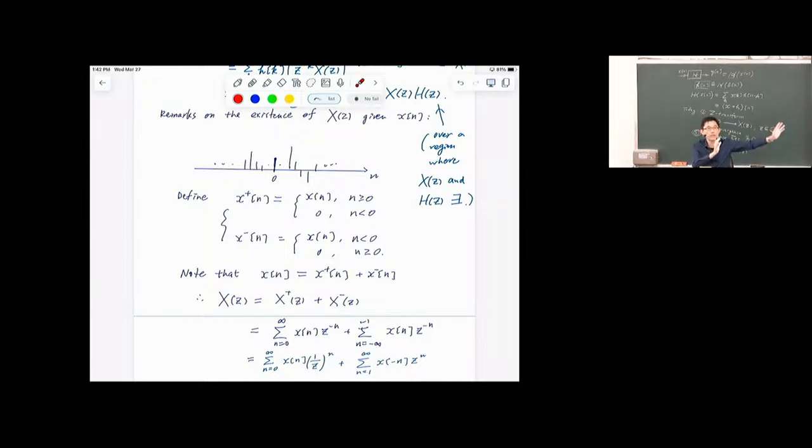We put the right-hand side part and denote it as x plus, and the left-hand side part we denote as x minus. And of course, x equals the plus part plus the minus part. Is that clear? Let me actually just write it down. This part is x plus.